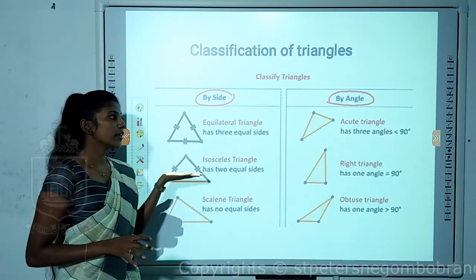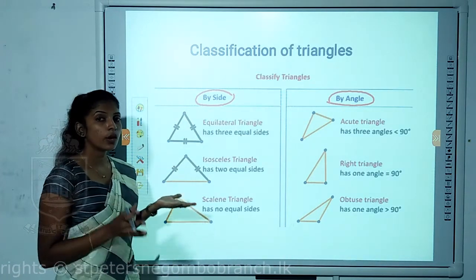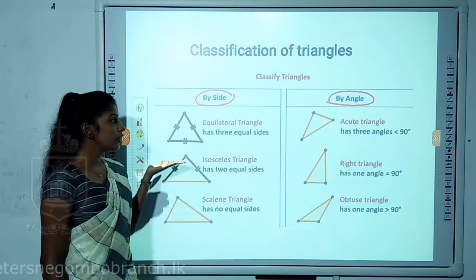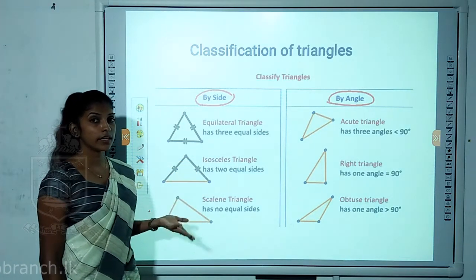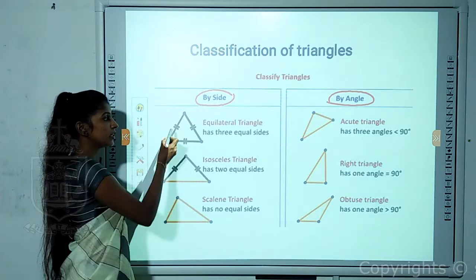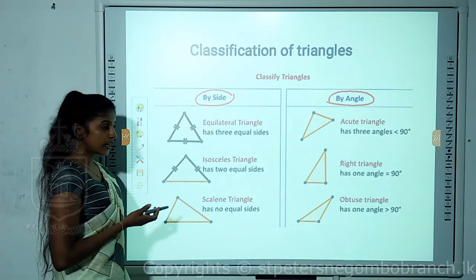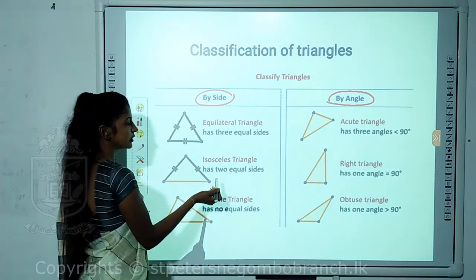So if a triangle is having 3 sides equal to each other, if all 3 sides are equal, we give the special name, that is equilateral triangle. So you all can see the figure how we can denote that using this symbol equal mark. Right, the second type based on side, that is if 2 sides are equal.